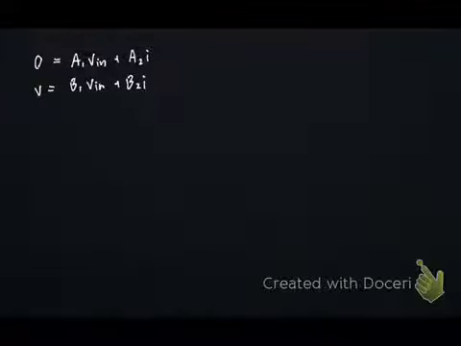And we can solve for V over I here. So if we say Vn equals minus A2 I over A1, just from this first equation, substitute that into the next one.